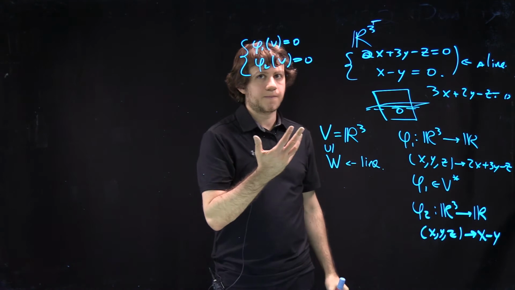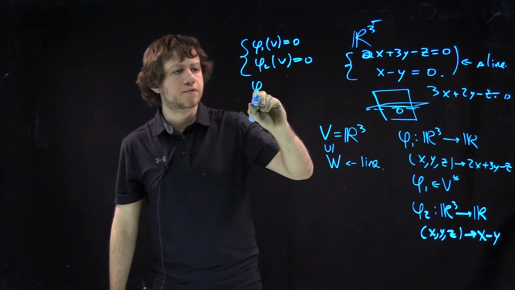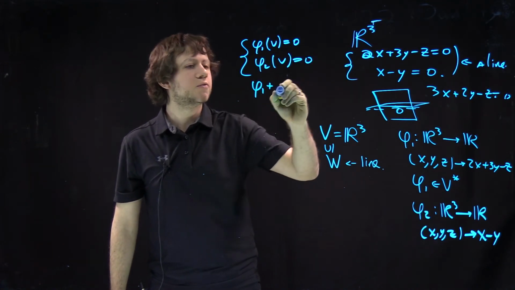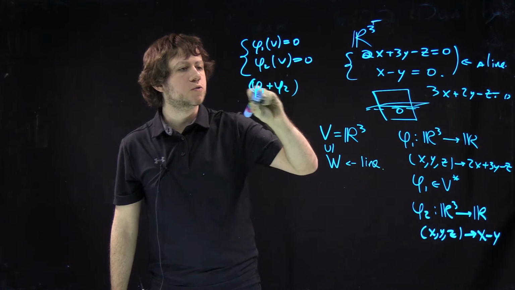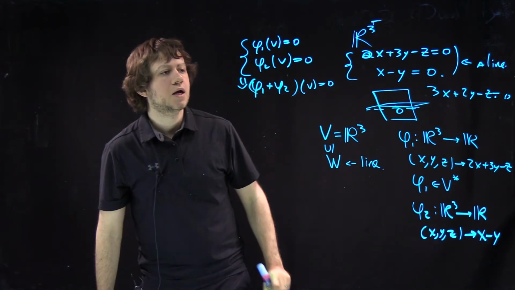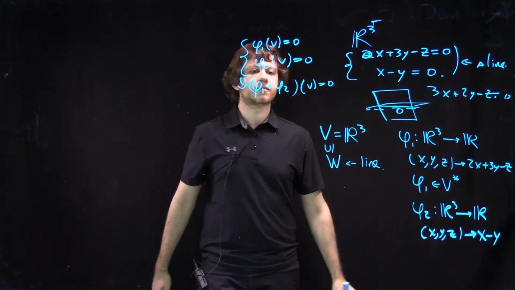In particular, this is true because by linearity, if phi1 of v equal to 0, phi2 of v equal to 0, then phi1 plus phi2 of v also equals 0. That's just because you can add phi's.